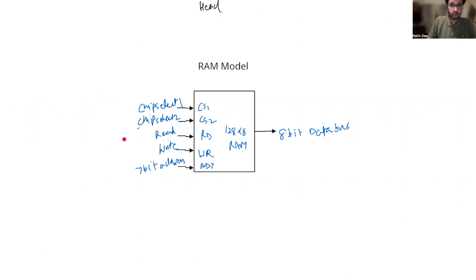If read is equal to 1, then the RAM model is in the read state. And if write is equal to 1, that means we are writing to the RAM chip. Then we have a 7-bit address for the RAM memory, and this has an output of 128 cross 8, which is an 8-bit data bus output. So it outputs an 8-bit number.